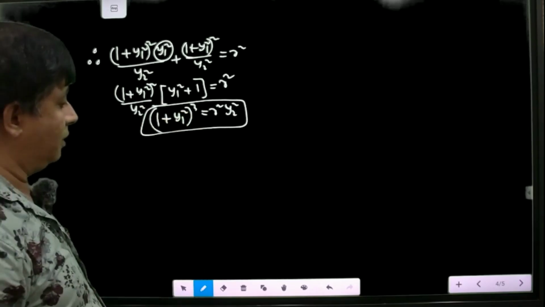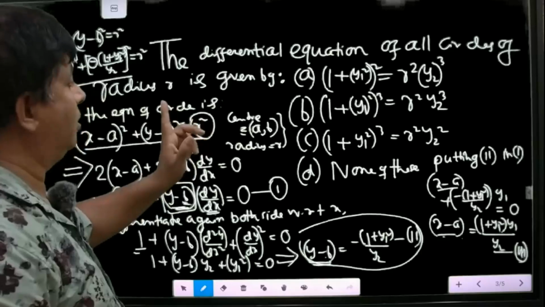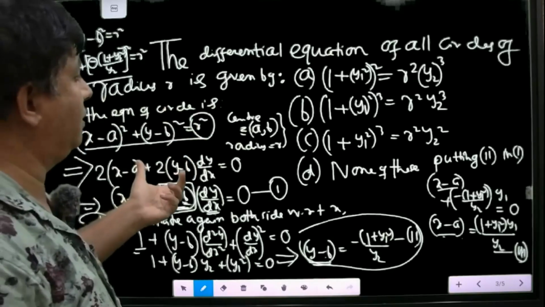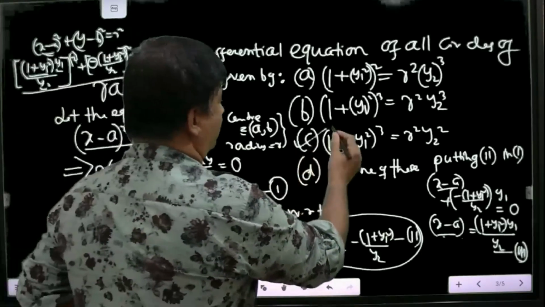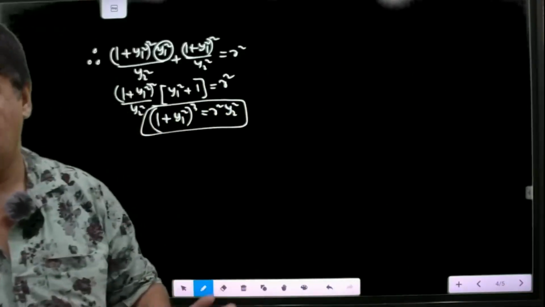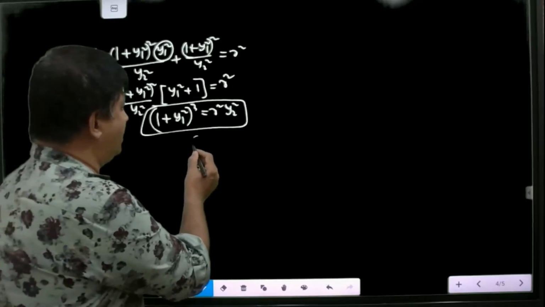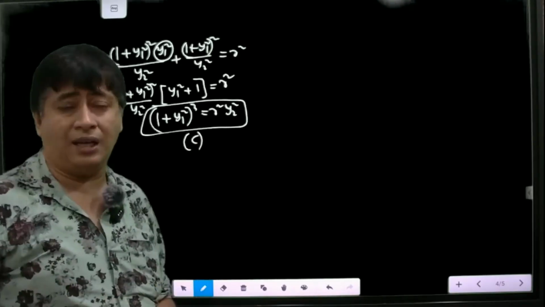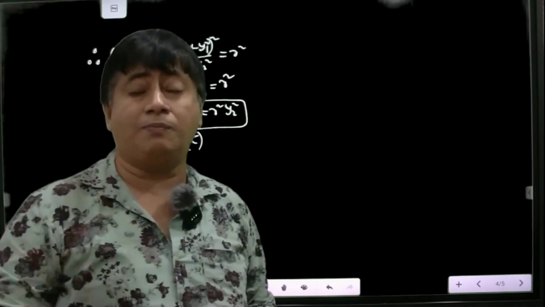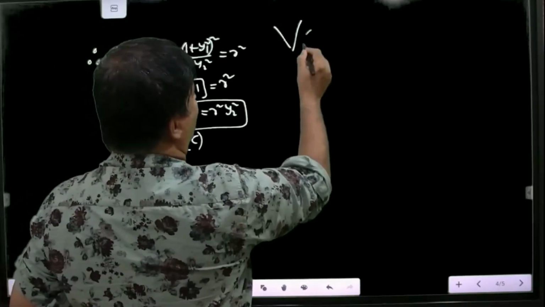So, let's match with the answer. With which answer is it matching? Option C. So from the basic level differential equation, you have got one good level sum. Option C is correct. Understand?